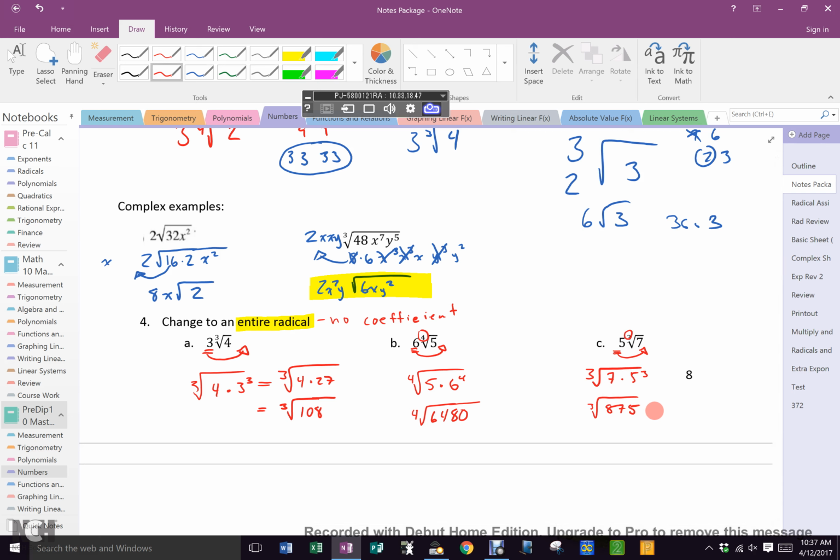Now, here's the thing that makes me want to stab a pen into my eye: when you don't understand if these numbers change. So right now we've done square roots, cube roots, 4th roots.